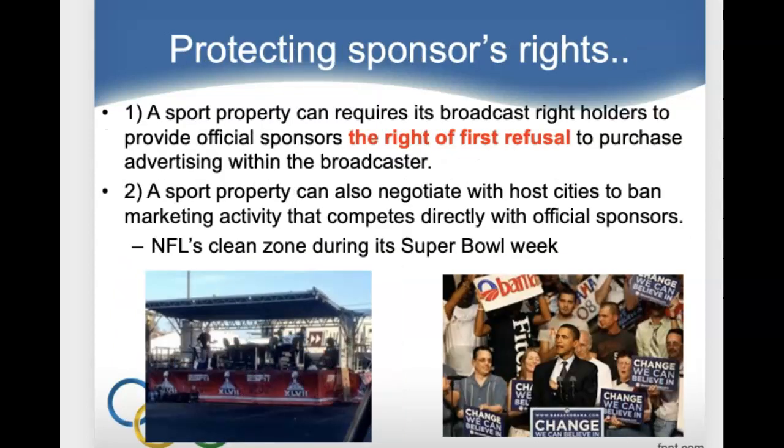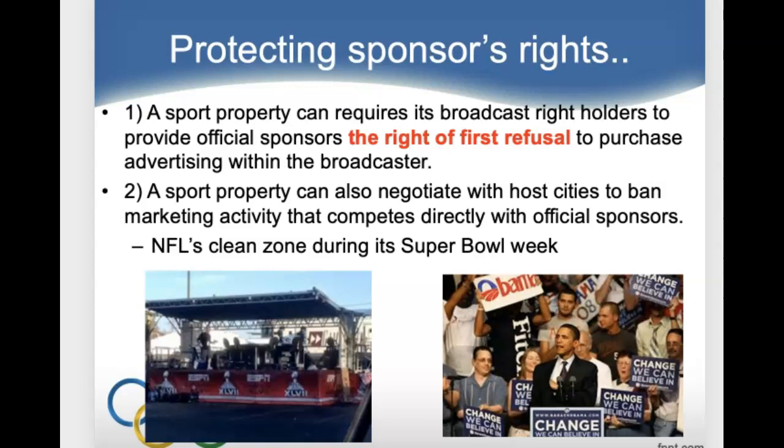The last thing we're going to talk about is some of the strategies for how we are able to protect sponsors' rights. There are two main strategies utilized lately. The first one is about sports properties. A lot of the time they require the broadcaster rights holders to provide the official sponsor the right of first refusal to purchase the advertising on the broadcasters.